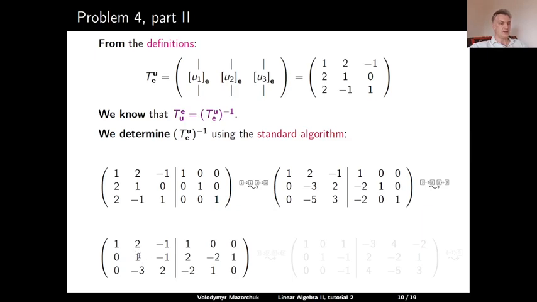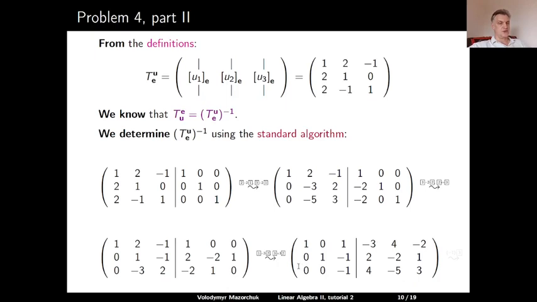So now we have 1 here, so we can use it to kill everything in its column. So we subtract twice row 2 from row 1, and we multiply row 2 with 3 and add to row 3. Row 2 remains the same. Row 1 becomes 1 minus 2 is 1, 2 minus 2 is 0, minus 1 plus 2 is 1, 1 minus 4 is minus 3, 0 plus 4 is 4, and 0 minus 2 is minus 2.